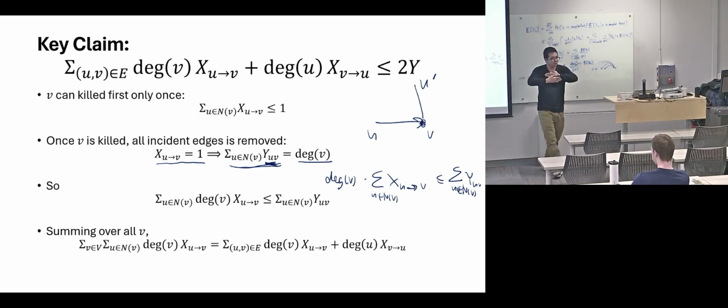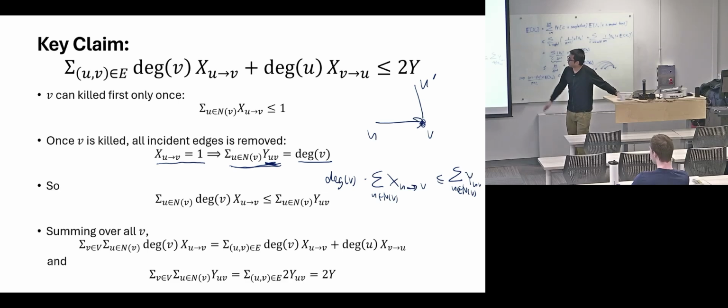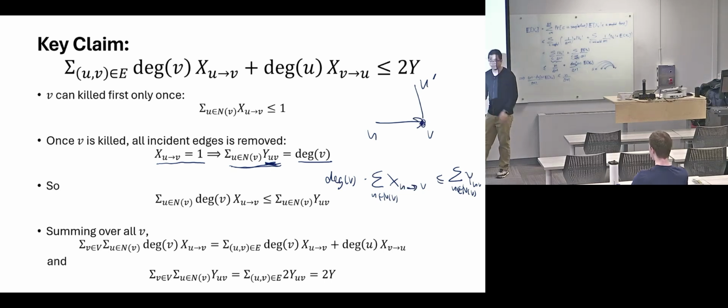Each edge is done from the two endpoints of the edge. The same for this one. I sum over all nodes here, so each edge will be counted twice. Here I just have 2 times this guy, because they are the same from both directions. Here it's not the same from both directions, because u to v and v to u are not the same. So having these two terms here, I just get this one.